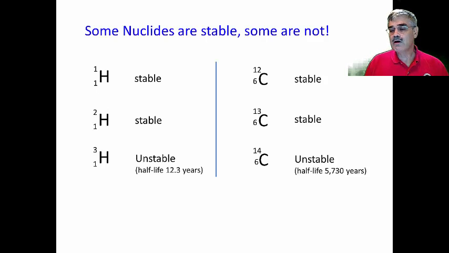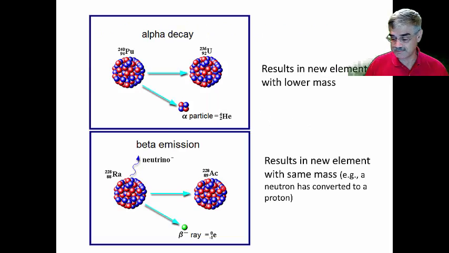But then we have carbon-14, which is an unstable isotope of carbon. It will undergo spontaneously a nuclear reaction. This nuclear reaction doesn't occur very rapidly. Its half-life is 5,730 years. A very, very, very long time.